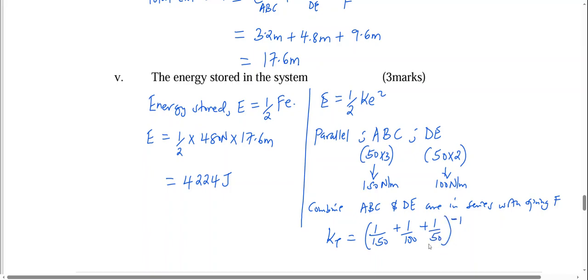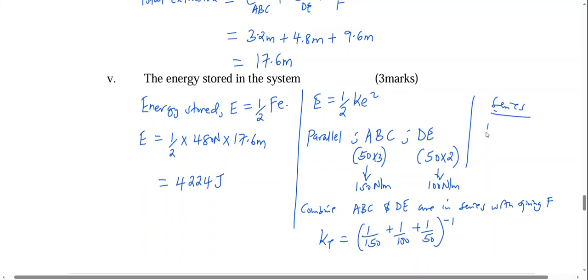We get the reciprocal because in series, the total spring constant is given by 1 over K total is equals to 1 over K1 plus 1 over K2 plus 1 over Kn. In series, this is how it's calculated, but in parallel, we just add the spring constant of each spring.